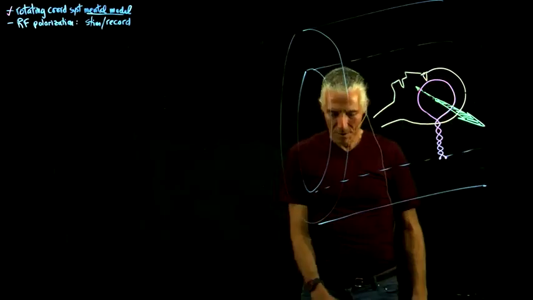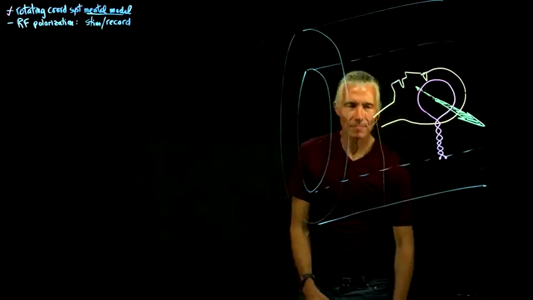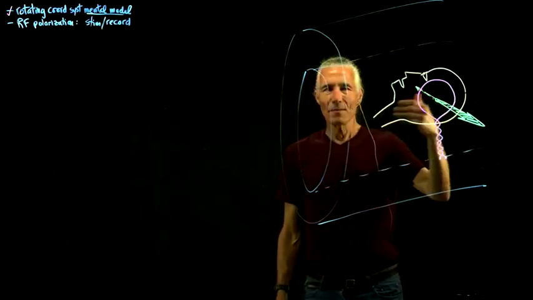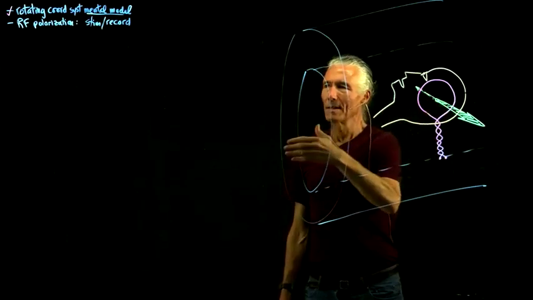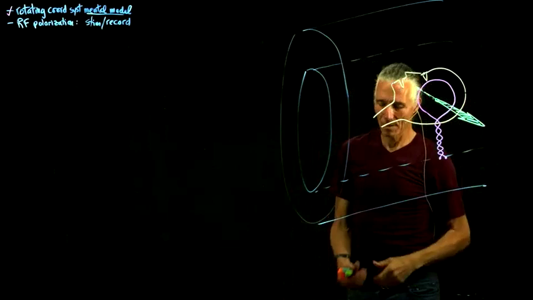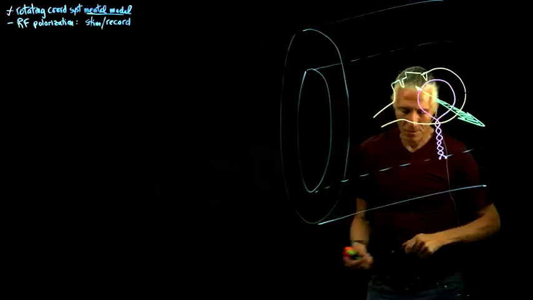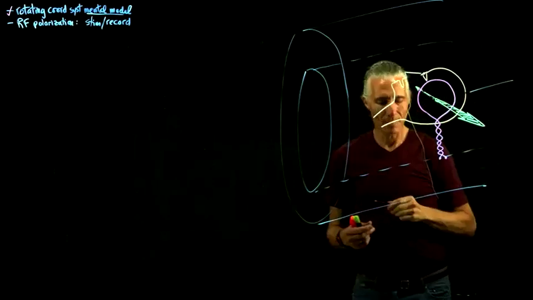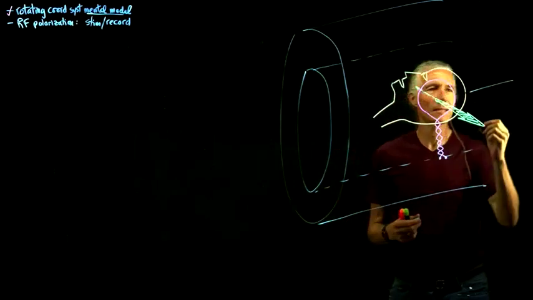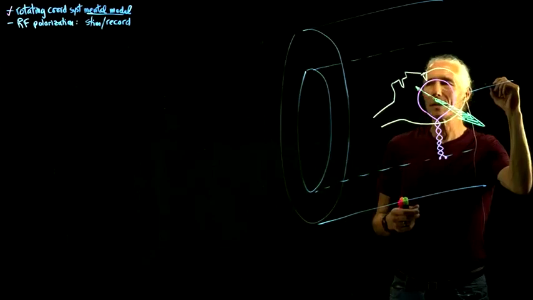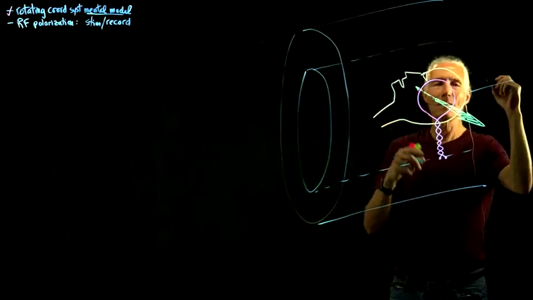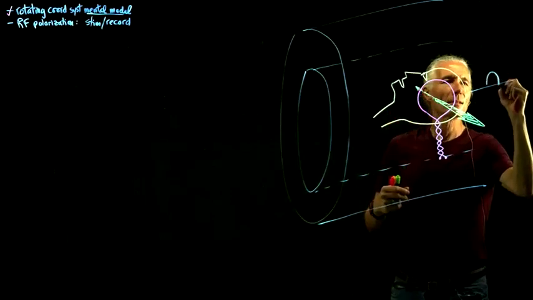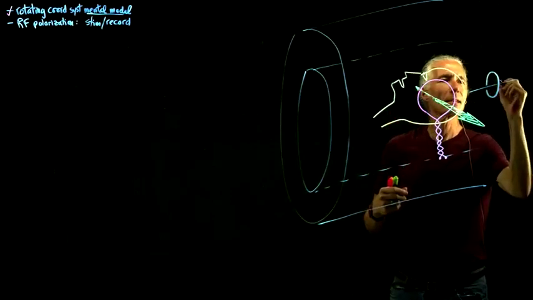Now, how are the protons set up? Well, we said the B1 field is along the direction of the B0 field. And so what's going to happen is the protons are going to be either aligned or misaligned with the magnetic field, like that.